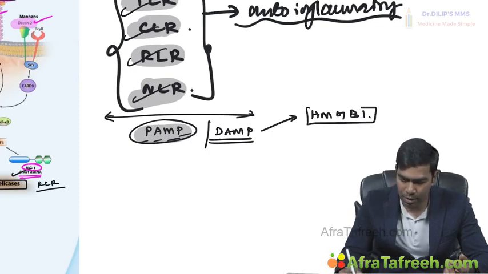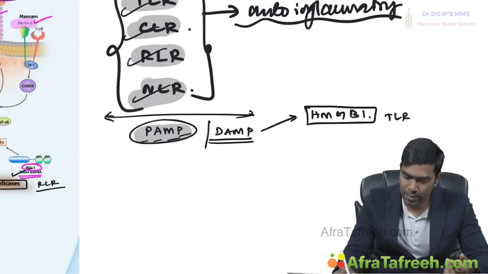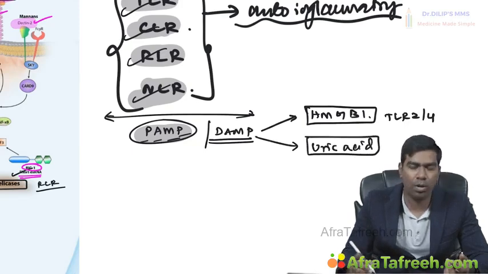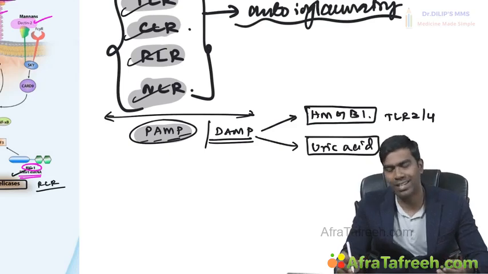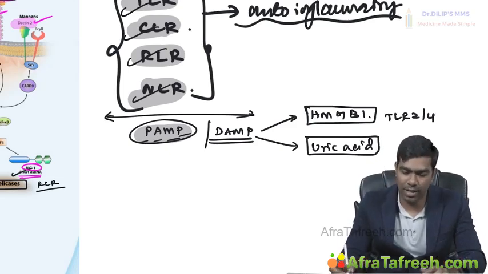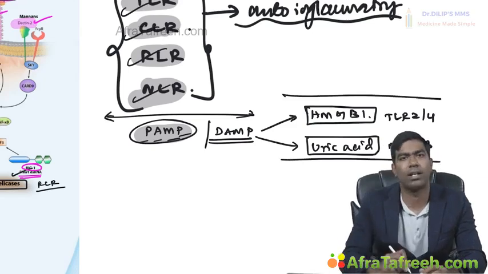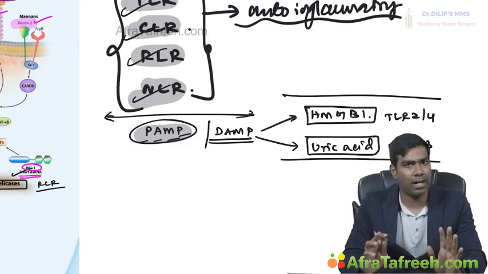This is a DAMP, recognized by TLR2 and TLR4. And you have uric acid also. This is also one of the important DAMPs, and uric acid is recognized by NLRP3. So these are the two important DAMPs recognized by the pattern recognition receptors.